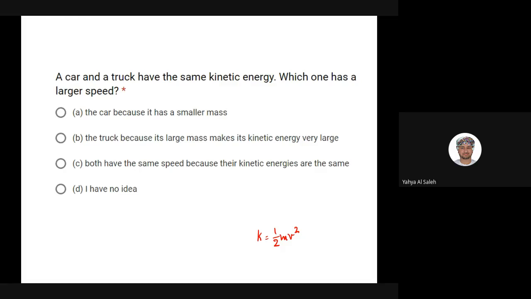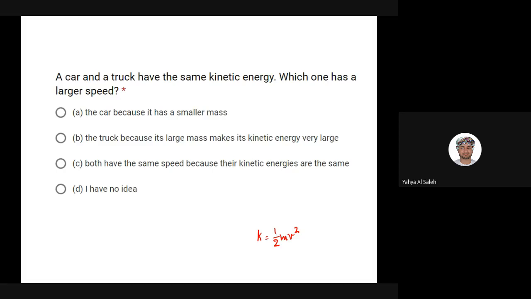Say you have a wall and a car hits that wall. Now, if a trailer, a big truck, hits that wall, what's going to happen? It's going to pretty much get destroyed immediately, even if it's at low speed.